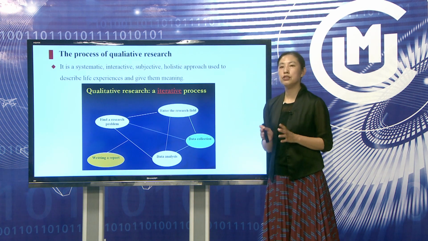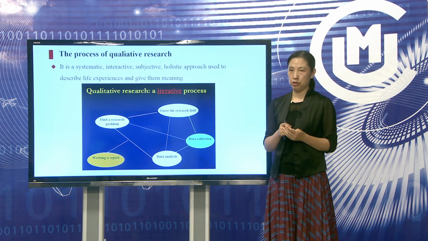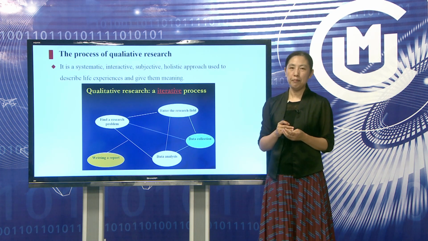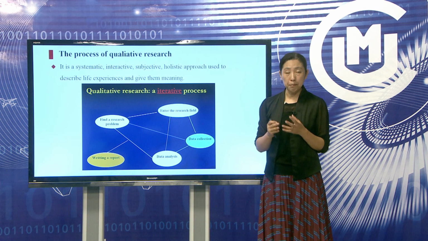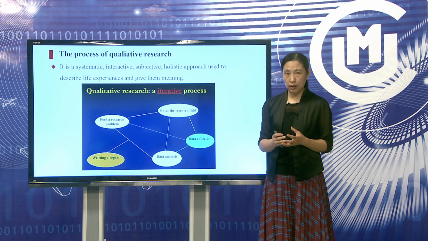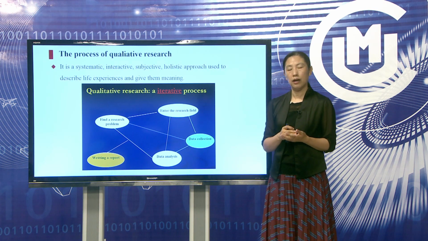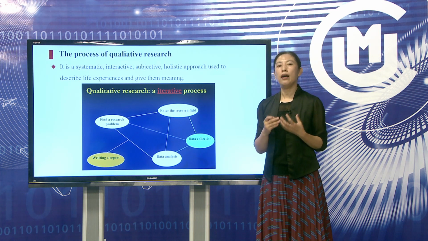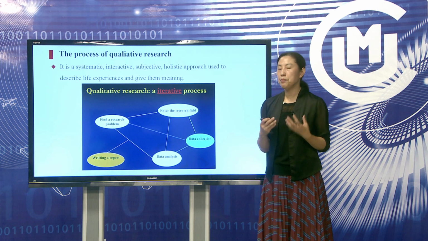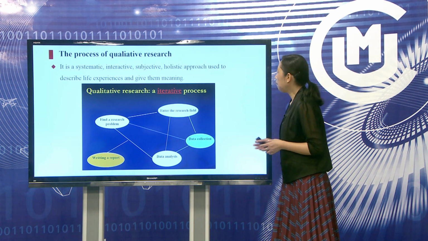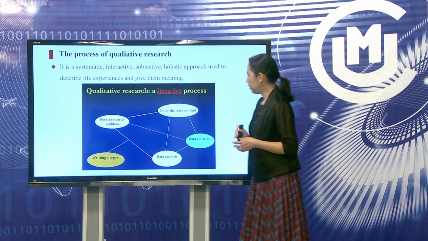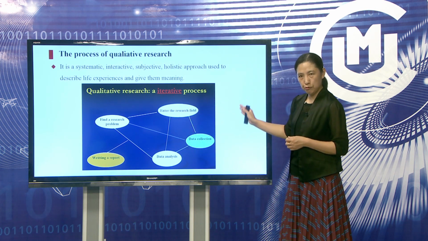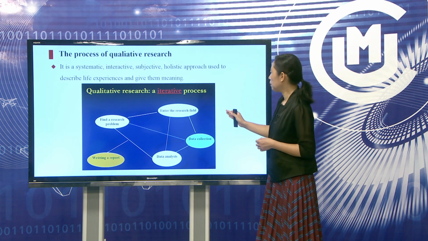So it's totally different from quantitative research. When I mentioned quantitative research, I mentioned numbers. You need to collect the data and analyze the data. But in qualitative research, usually we need to analyze the words, right? Remember the text.